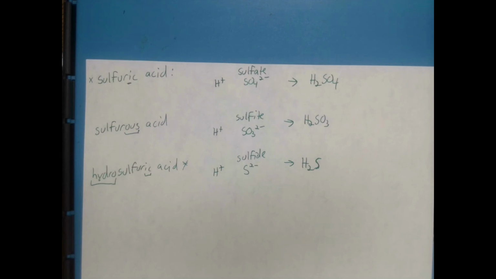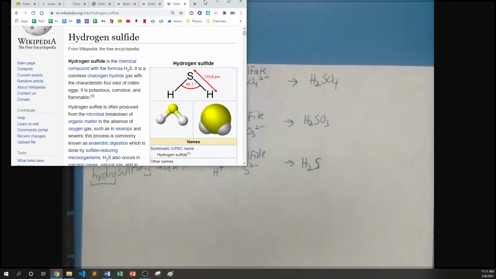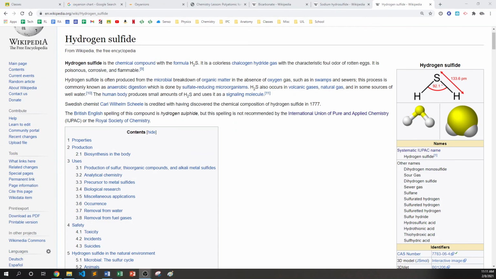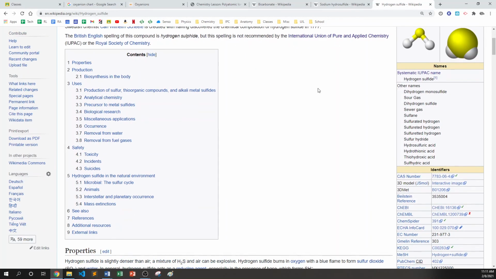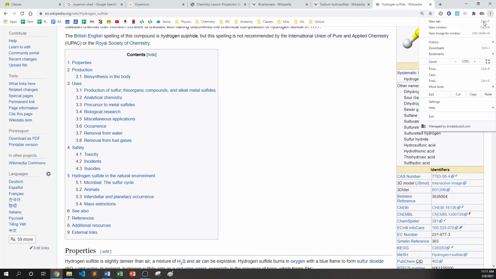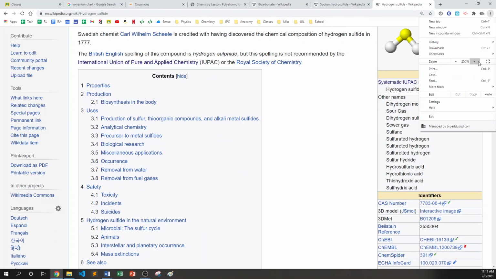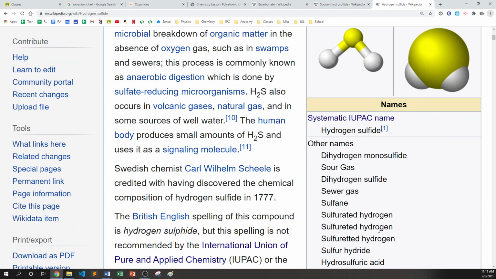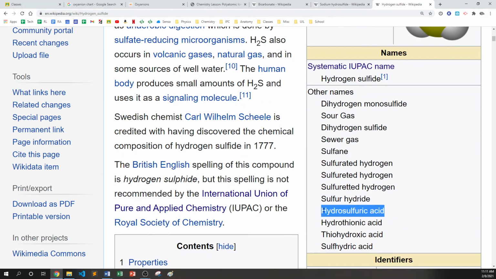Oh, because the other one was a sodium. So the preferred name of that chemical is not treating it as an acid, but treating it as an ionic compound. And we get hydrogen sulfide. But other names of it do include hydrosulfuric acid, which is an acceptable name for it.